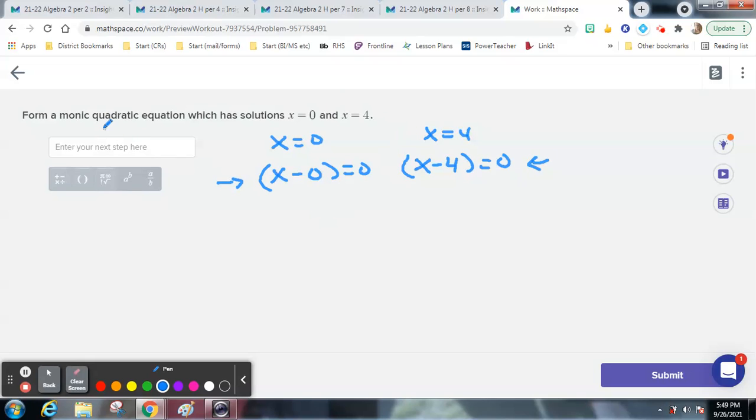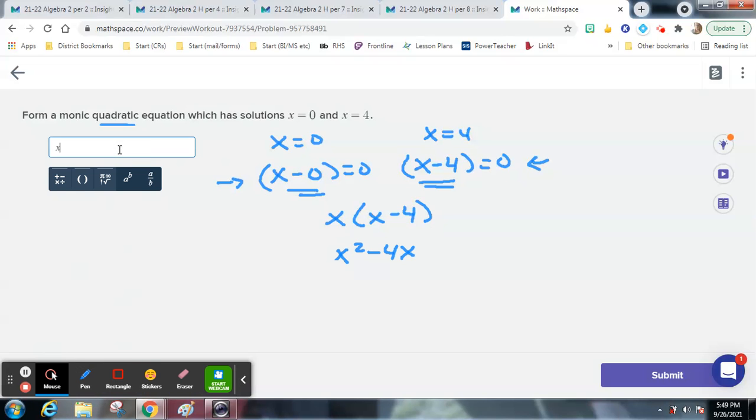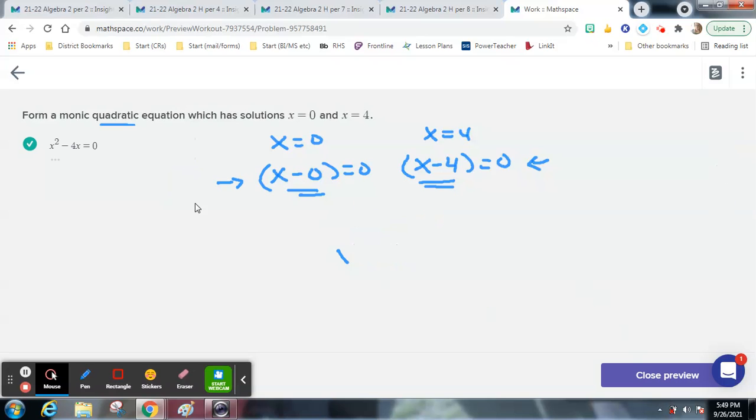Well, the fact that it says quadratic, that means we're going to multiply these two together. So x times x minus 4, or if we distribute, x squared minus 4x equals 0. I don't know which one they exactly want, but we could try them both. And again, I know algebra 2, you guys didn't have those type questions, but good to see it's coming forward.